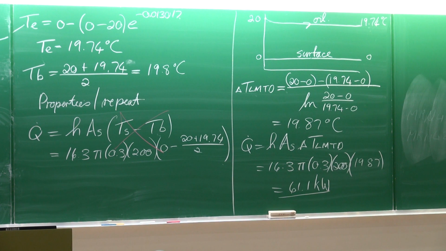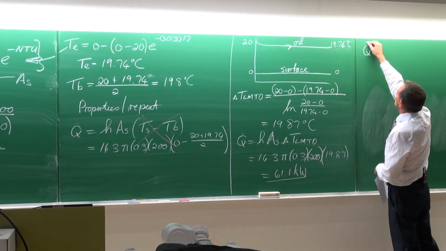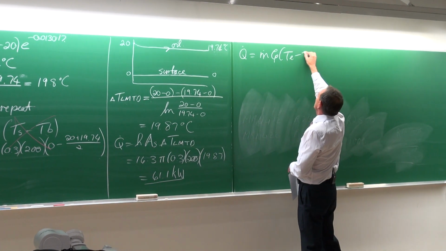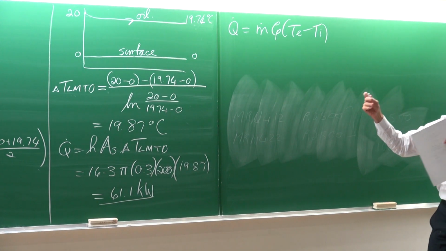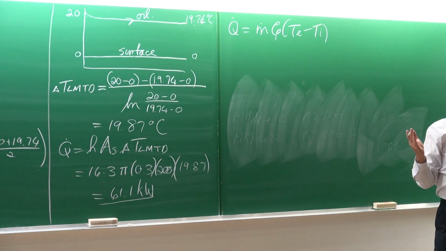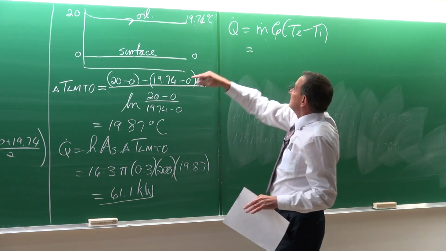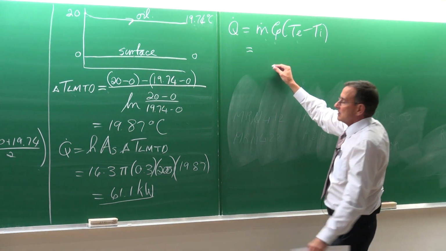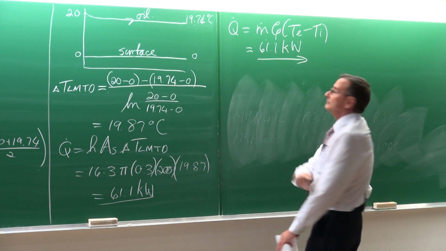That is one way that you can use to determine the heat transfer rate. You could have also said it is equal to m dot Cp multiplied by the outlet temperature minus the inlet temperature. It's always good if you can double check it, and make sure your answers are correct. You've got the mass flow rate, the Cp, the outlet temperature, and the inlet temperature. So I hope that would also work out as 61.1 kilowatts. You can go and check.